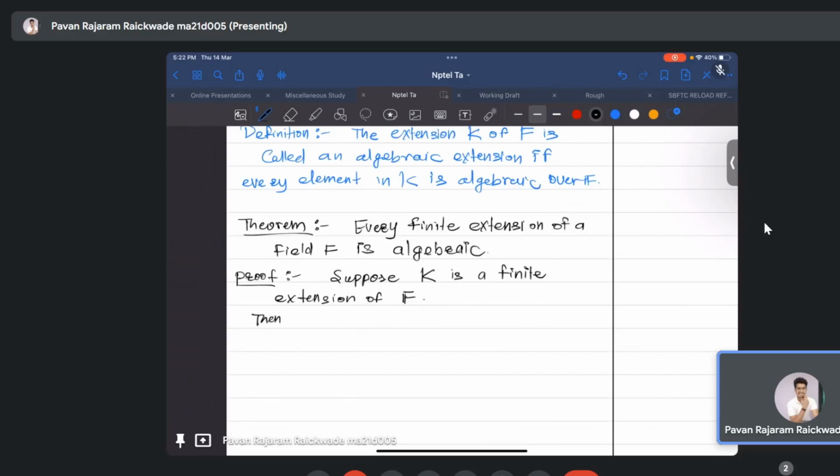So K will be an algebraic extension if every element is algebraic.